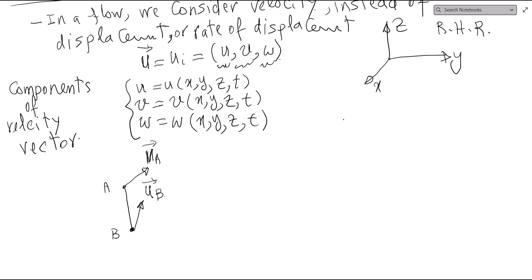So this is what we are referring to as a vector. So they have three components in the three-dimensional space.